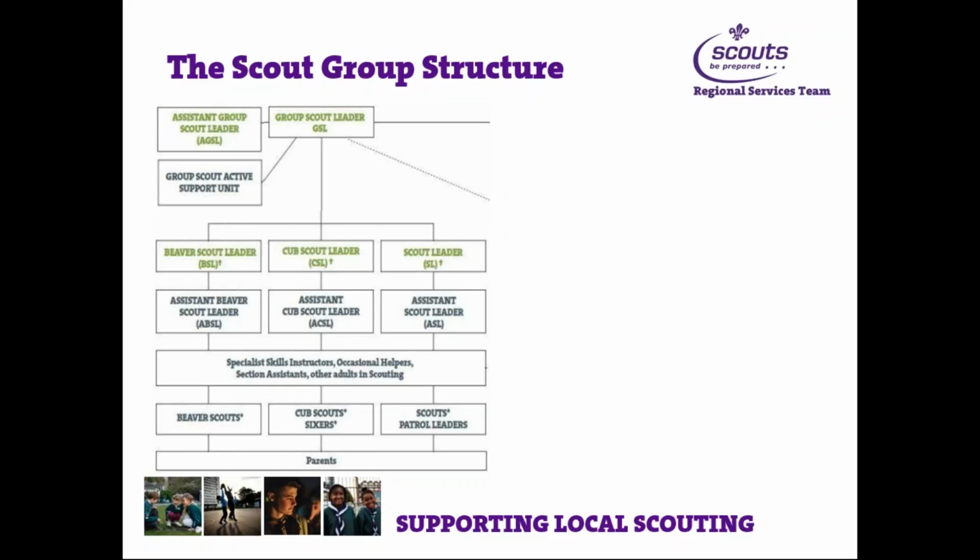And if you're very lucky, you'll have section assistants, instructors, occasional helpers, and all those other folk who help around, parent helpers indeed, supporting our young people in their sections. If you notice right at the bottom, it's also including the parents. One of the tricks in Scouting is to try and recruit the family, not just the young people. So we make sure that the resource of the parents is definitely something that we take into account.